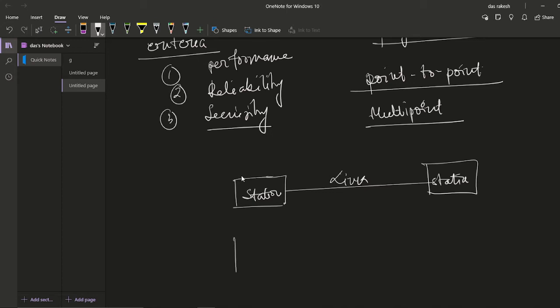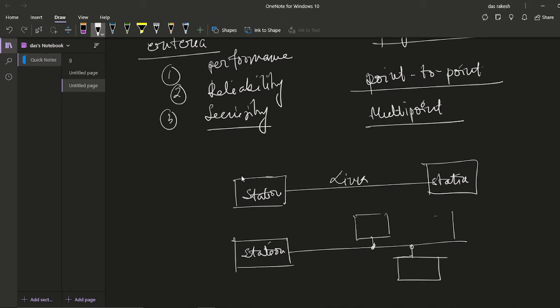Now say there is one station and one link, and from this link different stations are connected. This type of architecture is known as multi-point or multi-drop connection, and these are known as the nodes participating in this network for data communication.